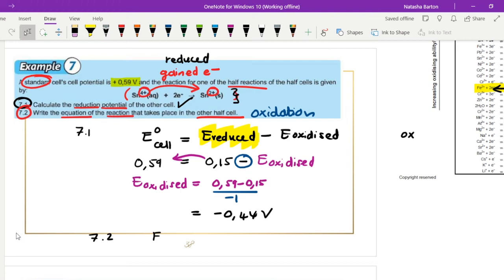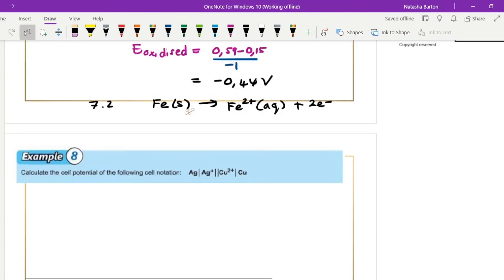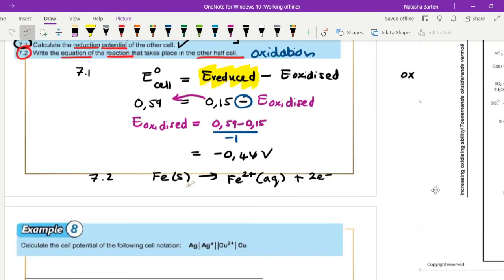We have iron. So that substance is iron. Iron solid is going to form ions plus 2 electrons. Okay, and that is the other equation. That is example 7.